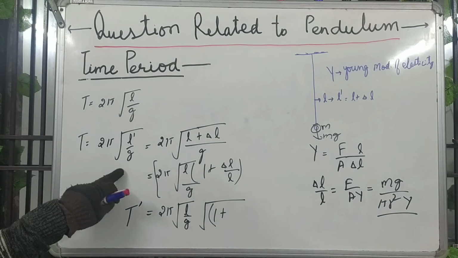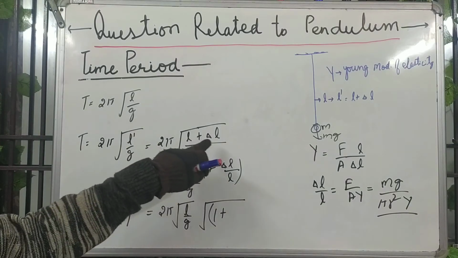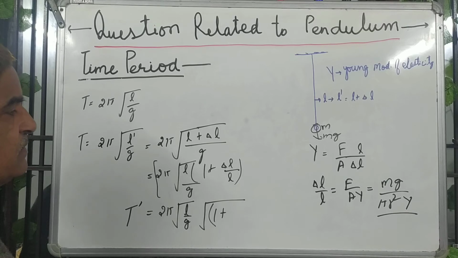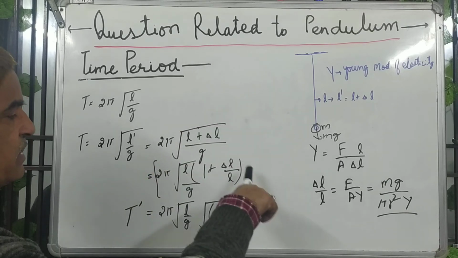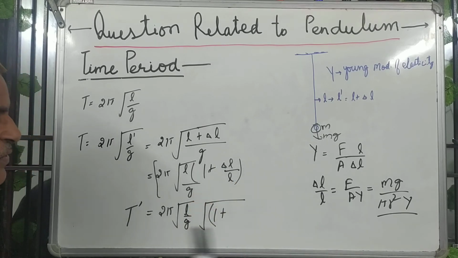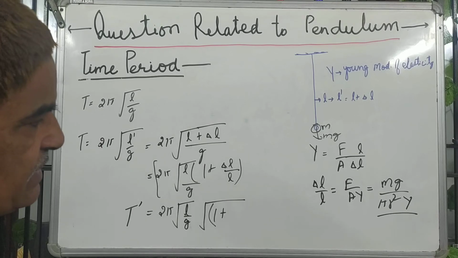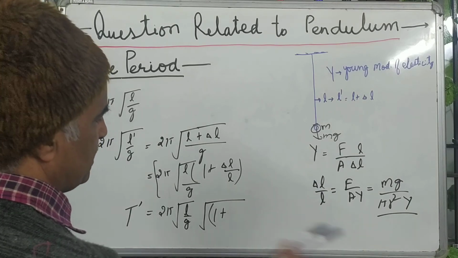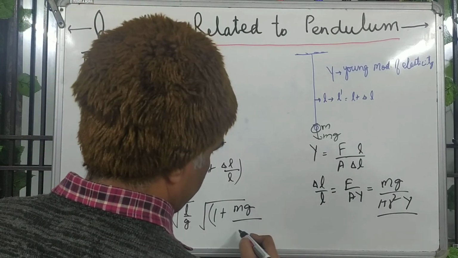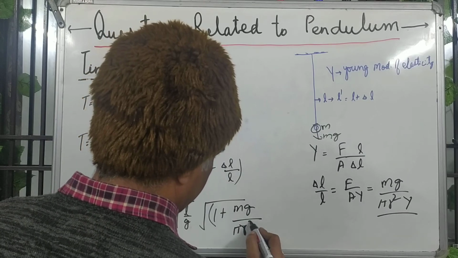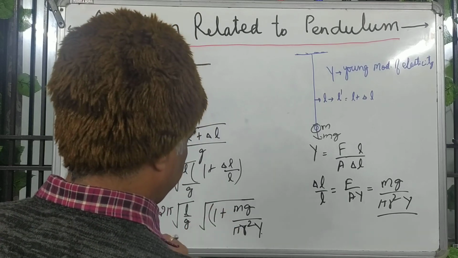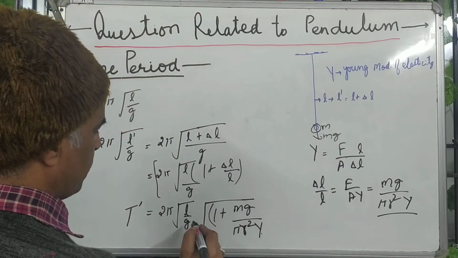That is your new time period T dash, equal to 2 pi root of the new length upon g, where the new length is L plus delta L. By delta L, the length is increased. You have taken L common, and delta L upon L you may represent in terms of Young modulus of elasticity. That is your answer: 1 plus mg upon pi r square Y, all in root.